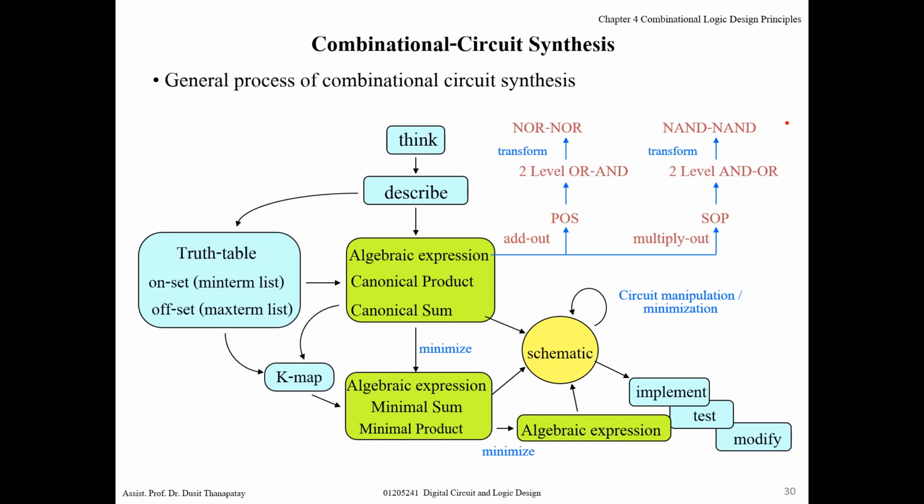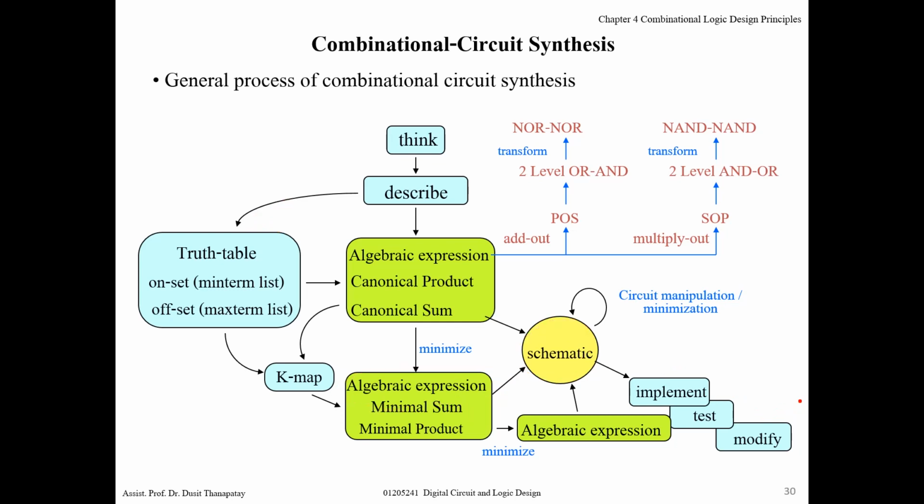But if you want to make the circuit in another form, maybe you may use some truth table and using something, right, to get the algebraic expression. After that, you write the schematic or circuit diagram. After that, you implement and test and modify the circuit.